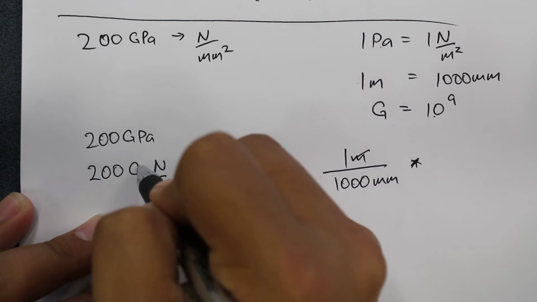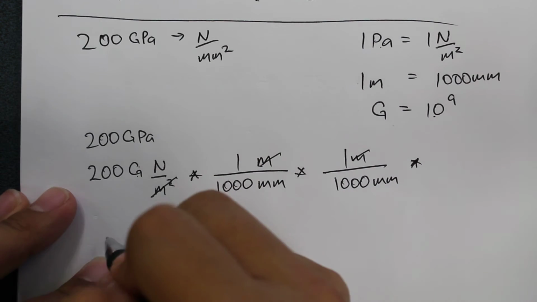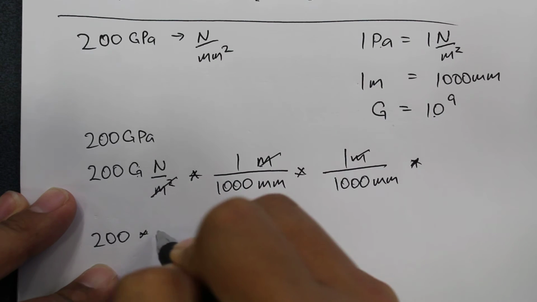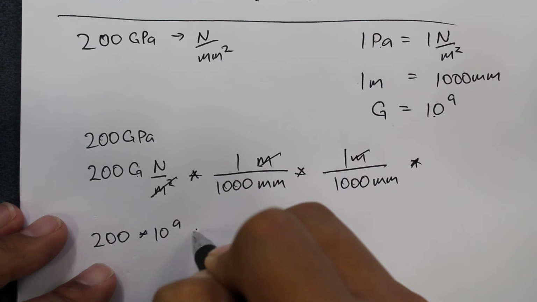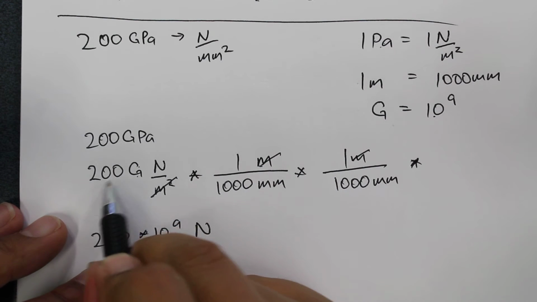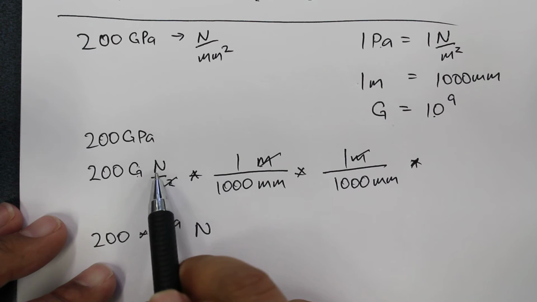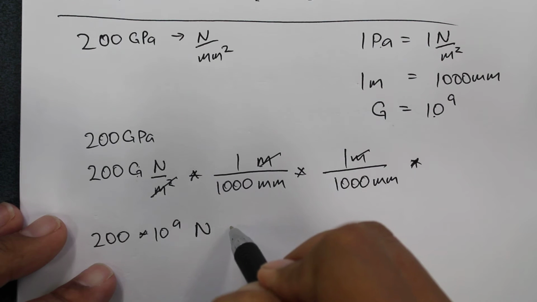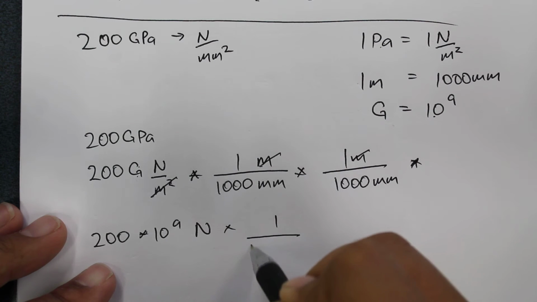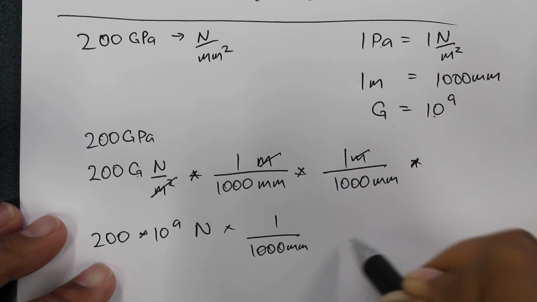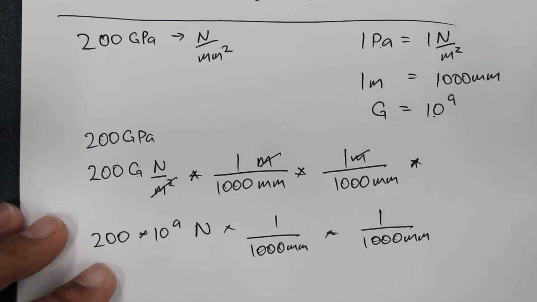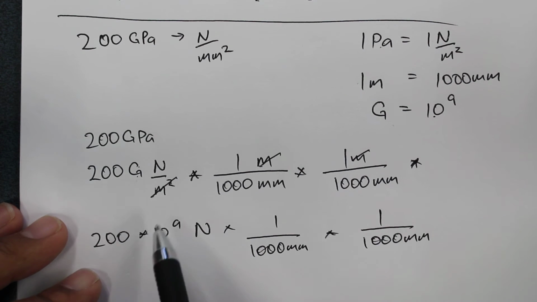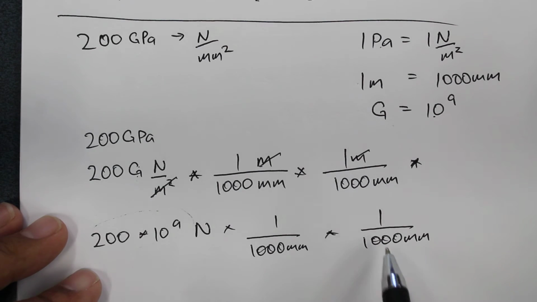So actually we could replace that with 10 to the 9, and we get left with 2,000 times 10 to the 9 newtons times 1 divided by 1,000 millimeters times 1 divided by 1,000 millimeters. So newtons per millimeter squared. So now we just need to divide this number here by 1,000 twice.